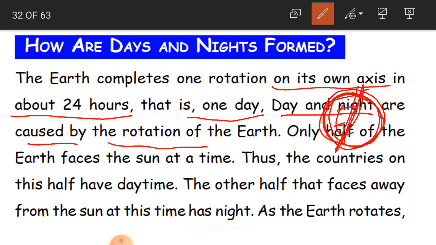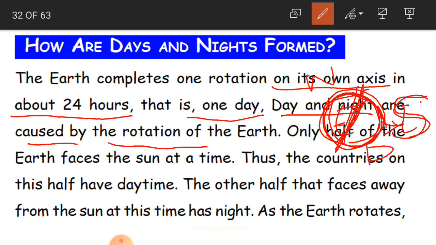Okay, so in this 24 hours, what happens? The part of the earth that is exposed to the sun, the part which receives the light, will be having the day and the other part will be having the night. Okay, children, again what happens?